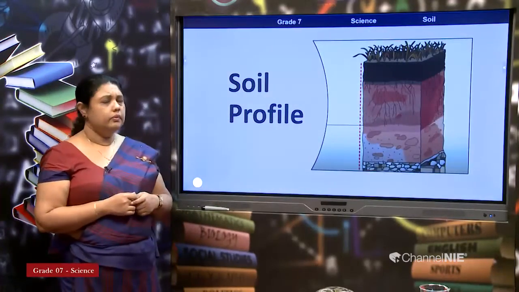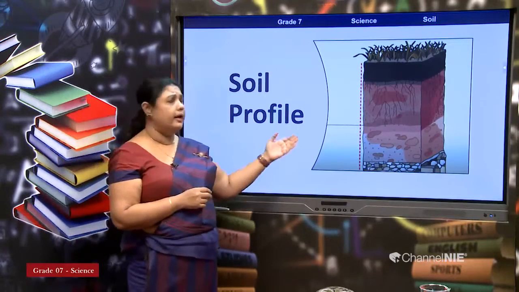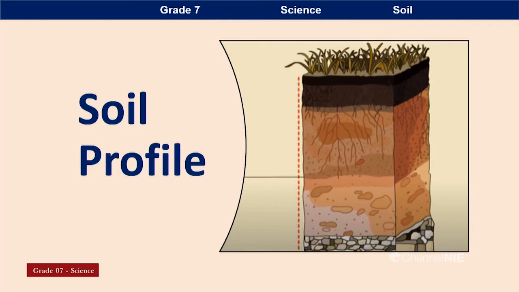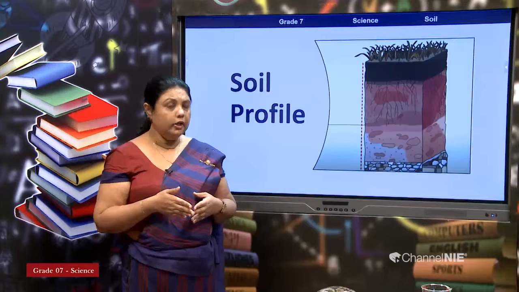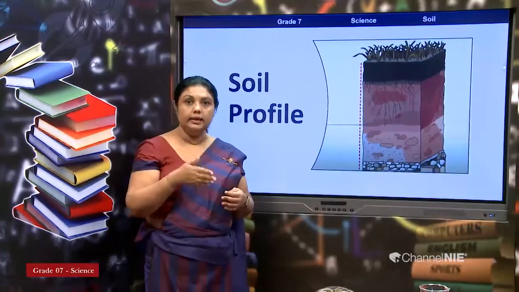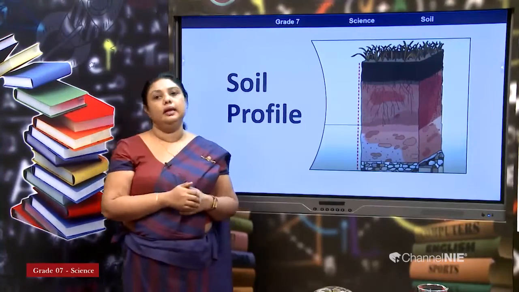Right. You must have seen this diagram before. Think that if our earth is like a cake, and you cut it vertically down, I hope you know the word vertically, the way that you cut the cake.